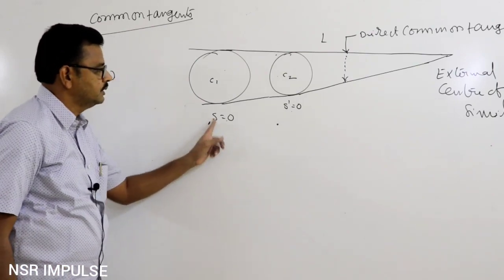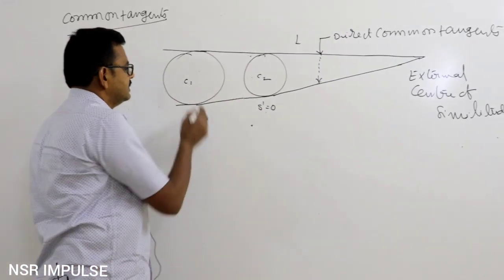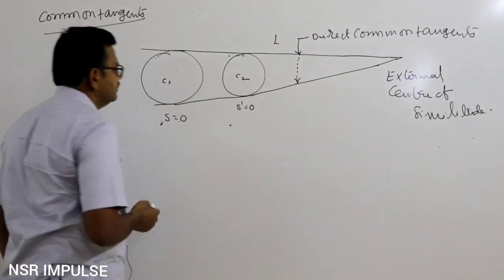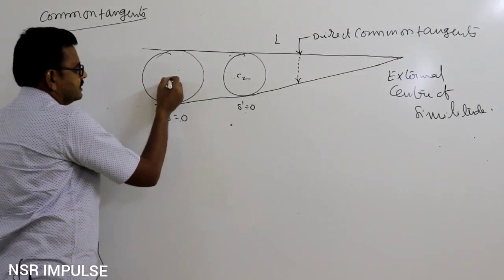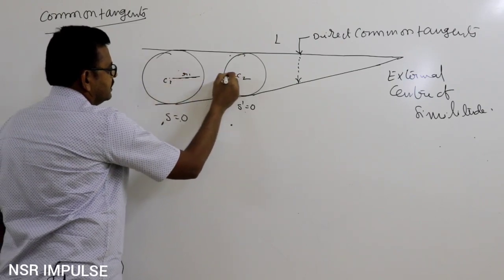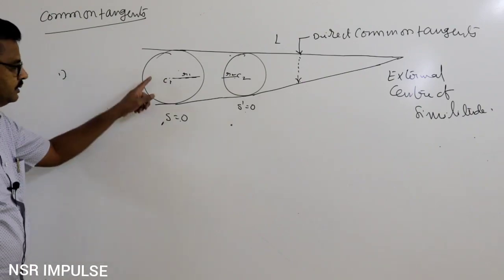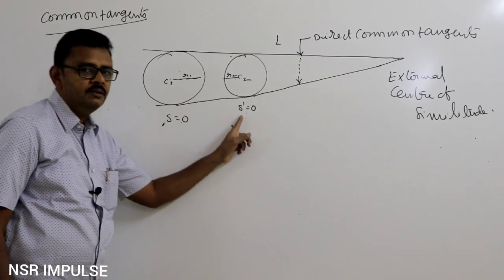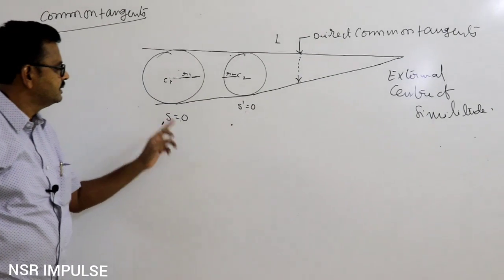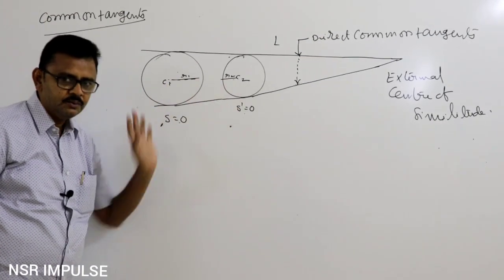S equal to 0 and S dash equal to 0 are two circles with centers C1 and C2, and radii R1 and R2.